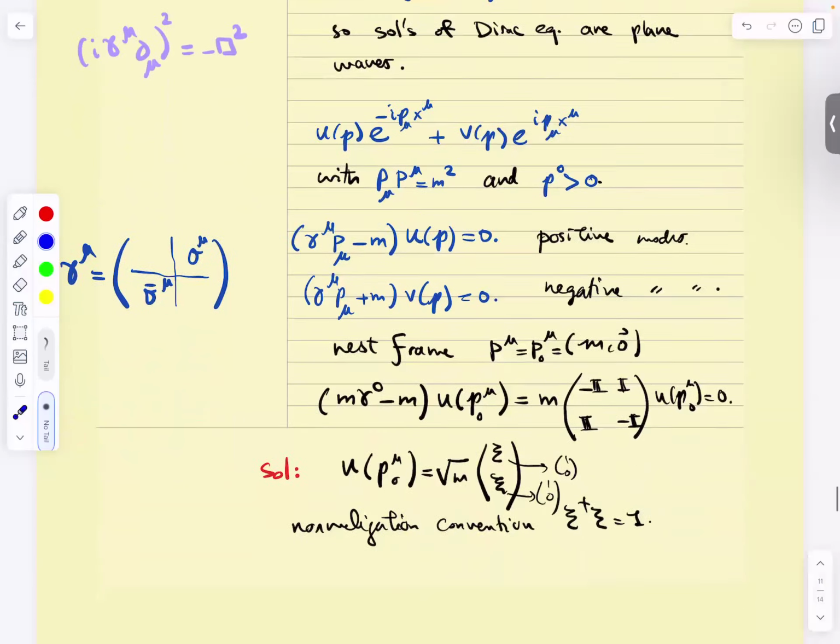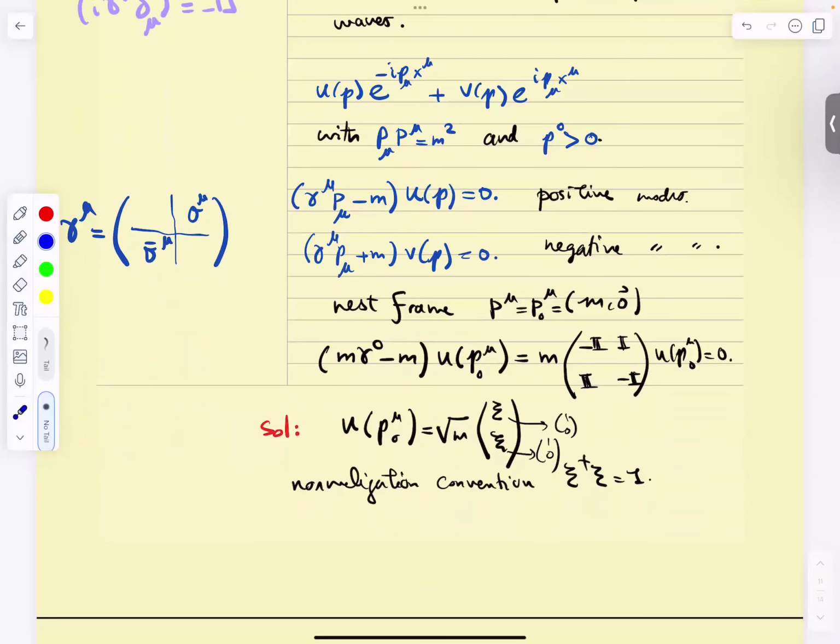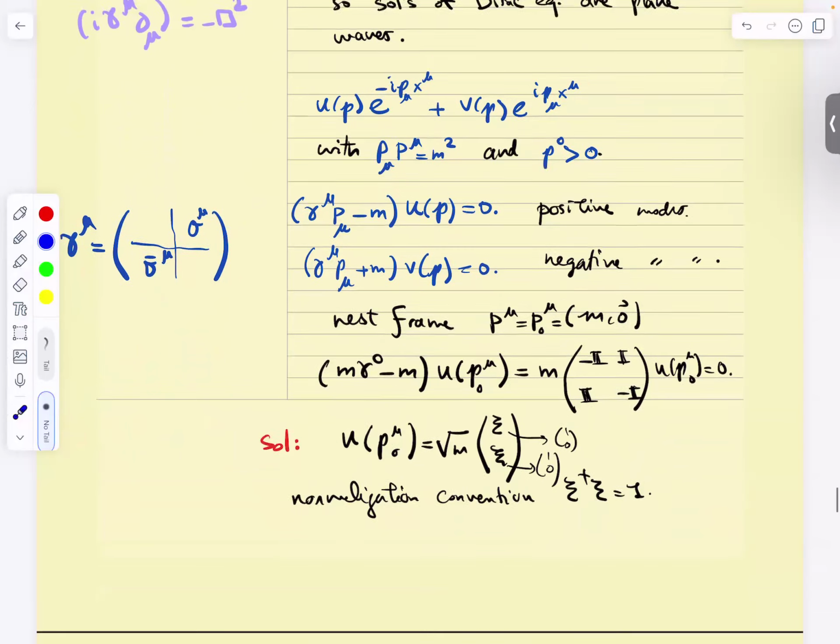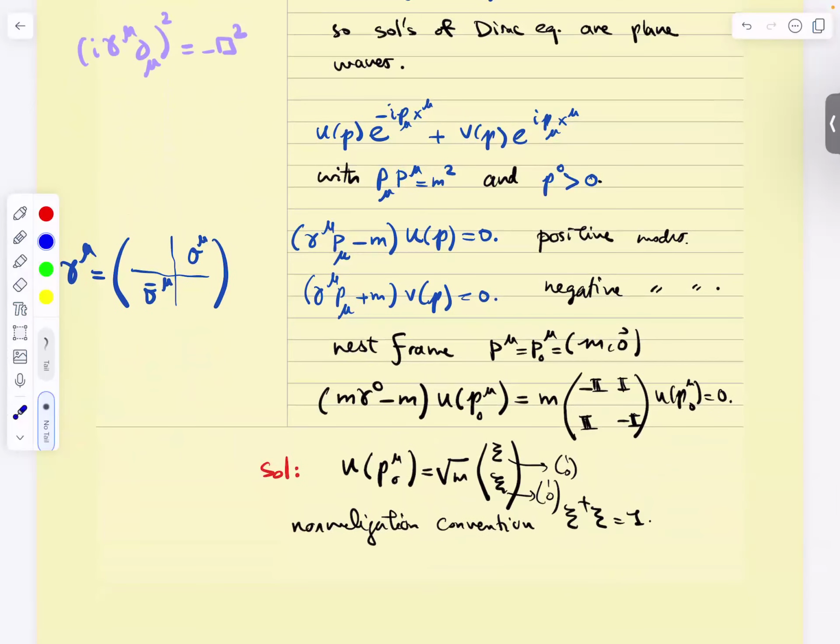All right. As usual, this is a massive particle. Let's sit in the rest frame to make life easy. So p0 mu is (m, 0), right? So this equation just becomes m gamma naught minus m acting on u of p0. So I'm solving this equation, right? This is gamma mu p0 mu u equal to m u. I'm just writing what this is, right? Is it clear what I'm writing?